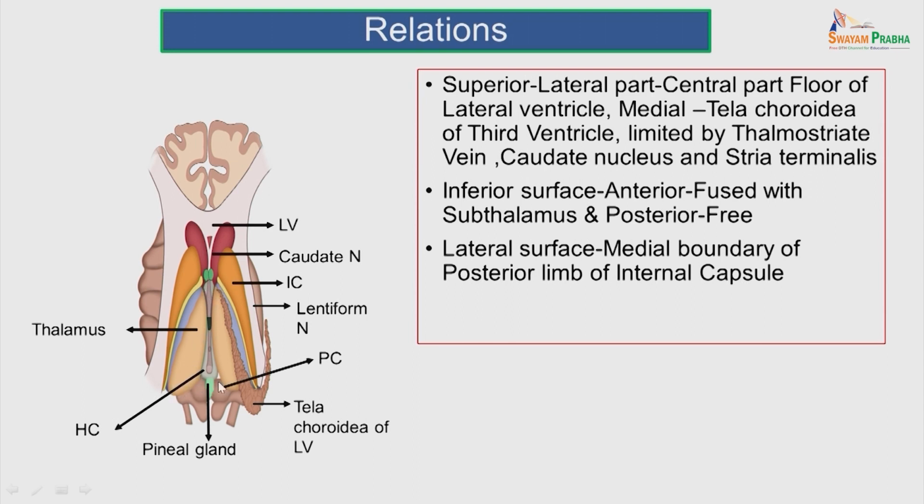The inferior surface, which we cannot see in this view, is fused with the subthalamus, and the posterior end of the inferior surface is free. The lateral part forms the boundary of the posterior limb of the internal capsule.